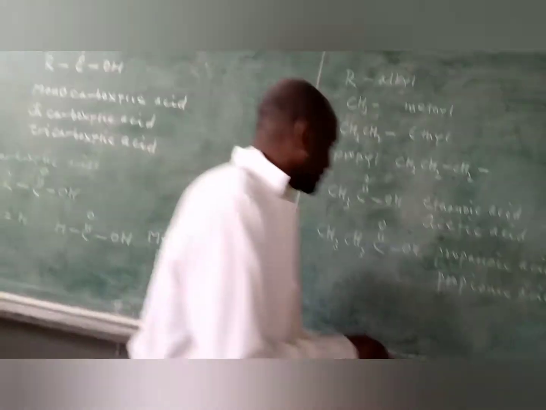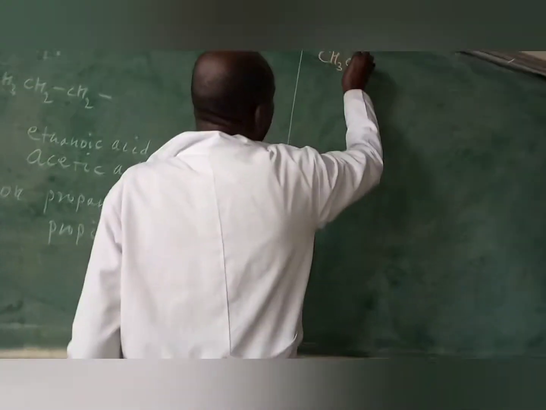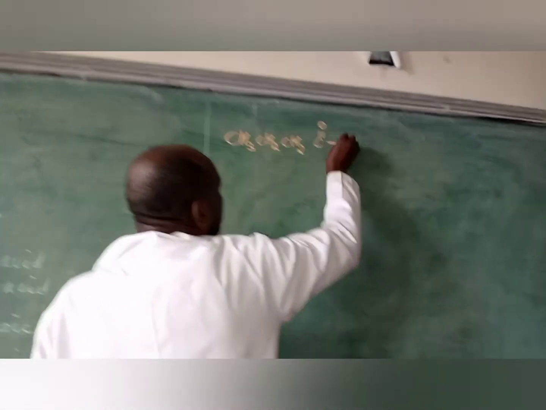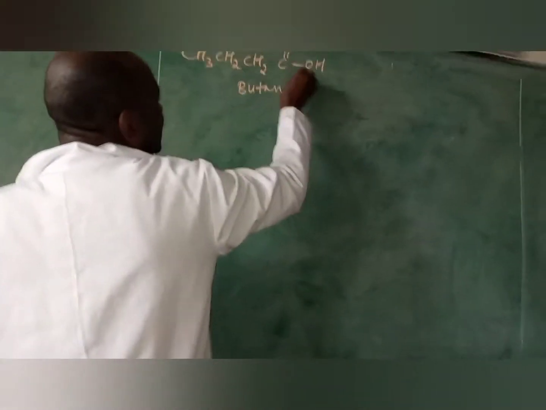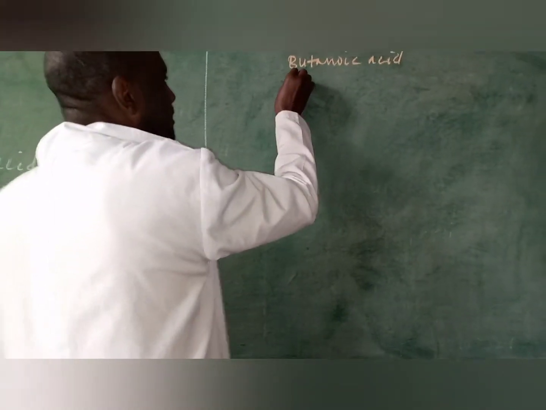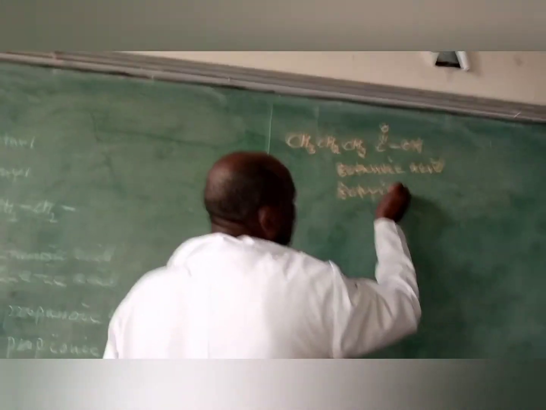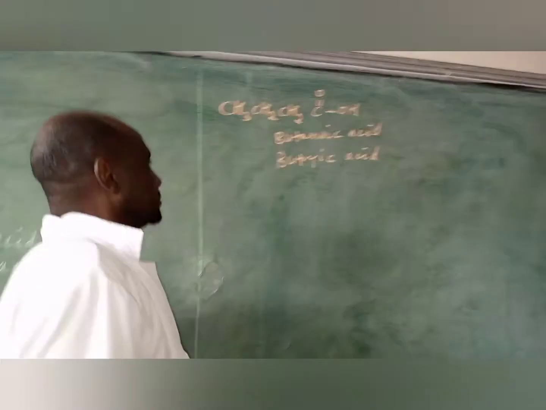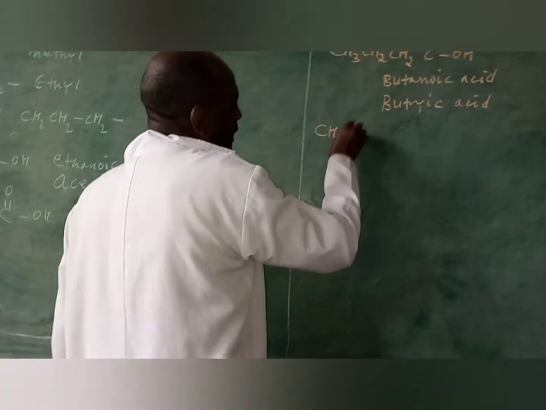The other one is butanoic acid, 4 carbons. Butanoic acid is known as butyric acid, the common name. And also pentanoic acid, 5 carbons.